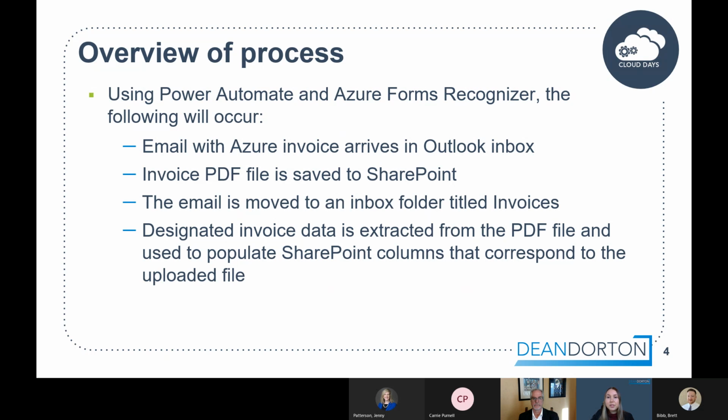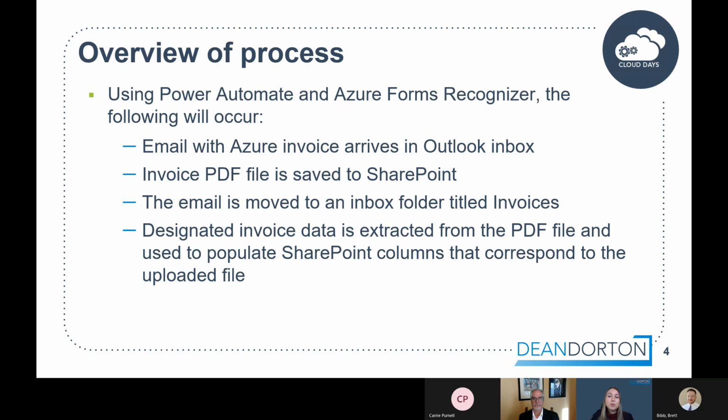Using the two main technologies that we're going to be focusing on today, Power Automate and Azure Forms Recognizer, I was able to create a process that has these 4 high-level steps. So first, an email from Azure that contains an invoice will arrive in my Outlook inbox. Then the attached invoice PDF file will be saved to a SharePoint library that I created, used to store the different Azure invoices that I have.